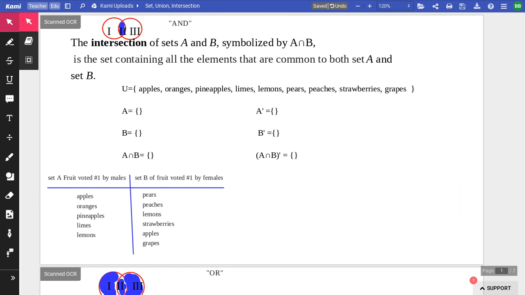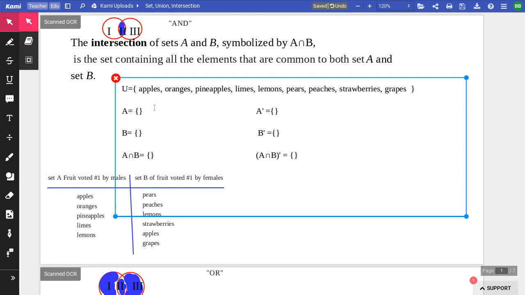Now, let's just list what's in set A. Set A literally are the apples, oranges, pineapples, limes, and lemons.